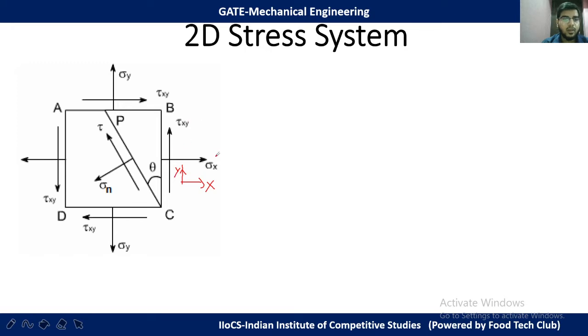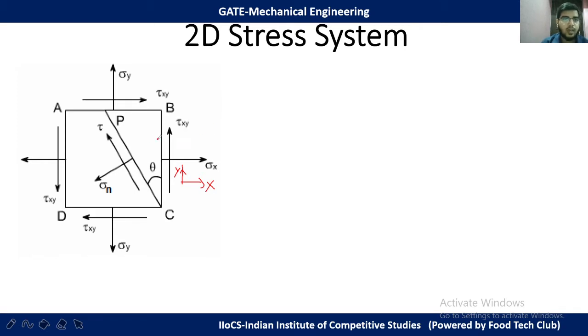So sigma x acts in the x direction, and sigma y acts in the y direction. Both are tensile stresses, and this tau xy is the shear stress, and to balance that stress, a tau xy stress also acts here. All four tau xy stresses are equal in magnitude.